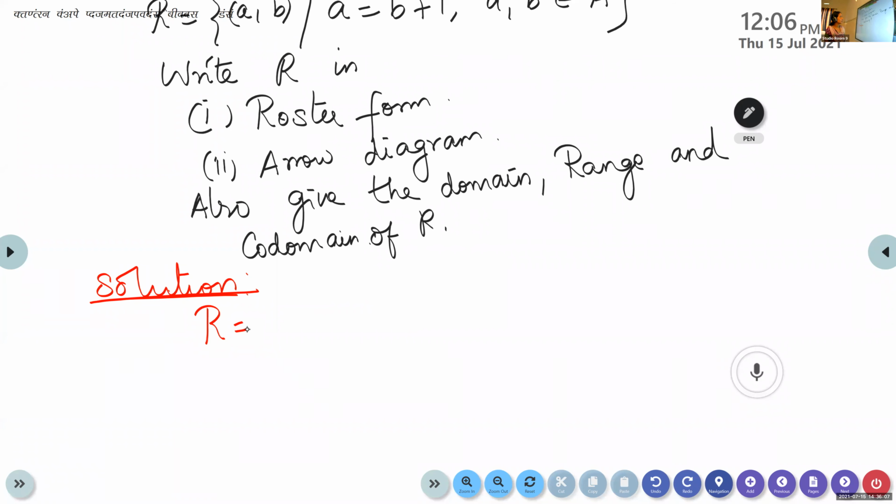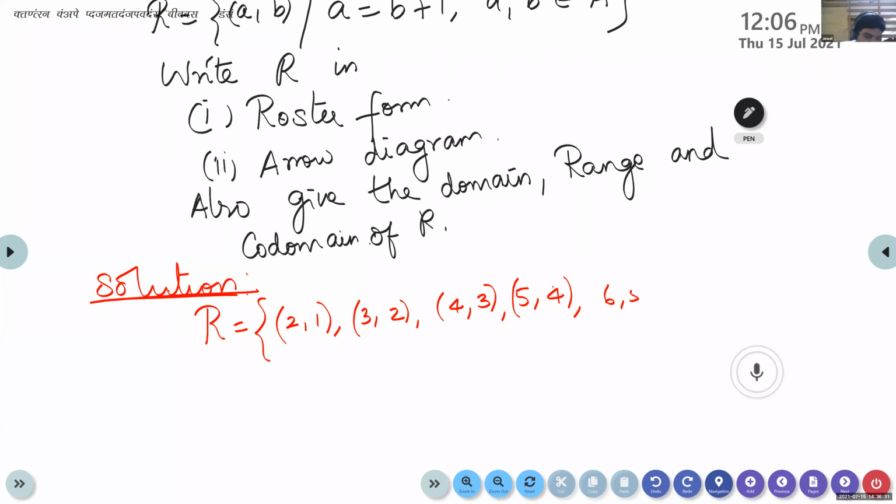What is R? In R, we will get (2,1), (3,2), (4,3), (5,4), (6,5), (7,6). Is it correct, Shabarinath? Yes, ma'am. Okay, so we get R.